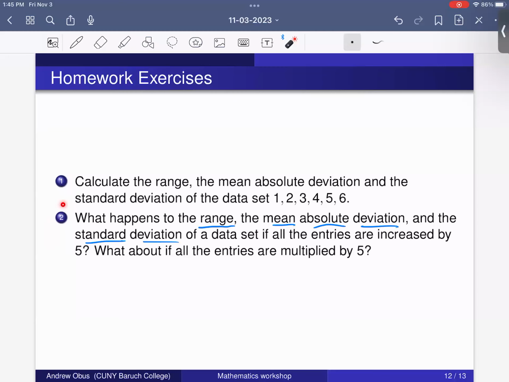When you're asked an abstract question like this, it's good to start with an example. Start by writing down some simple example, maybe a data set with only 3 entries. You can do a simple example and see what happens, and that will suggest what should happen in general.